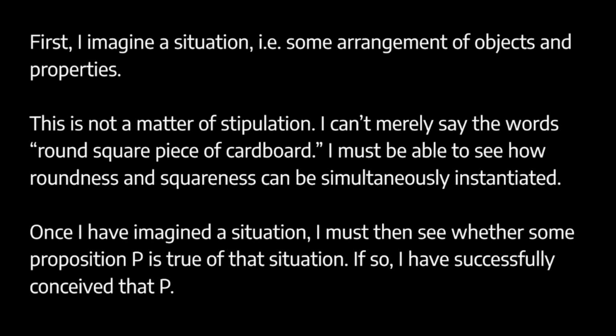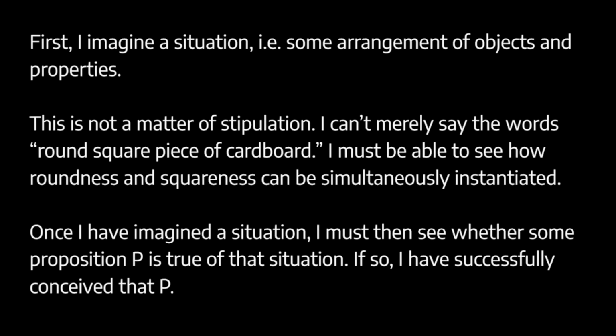And this works much the same way as perception, right? When I see a tiger, I see that it has a determinate number of stripes, though I may not have actually counted the stripes, and I don't know how many stripes exactly it has. So certain features of the situation will be unspecified, but that's not to say that they are literally indeterminate. Okay, so this is the basic idea.